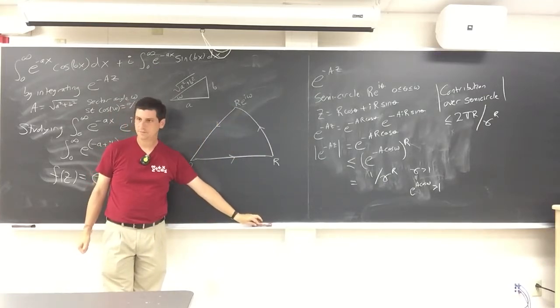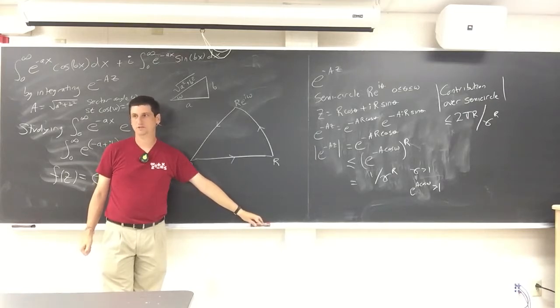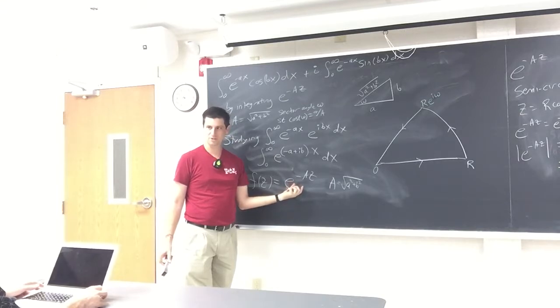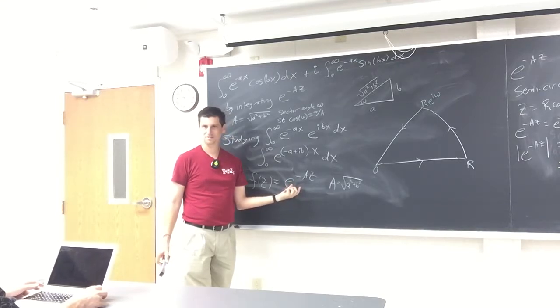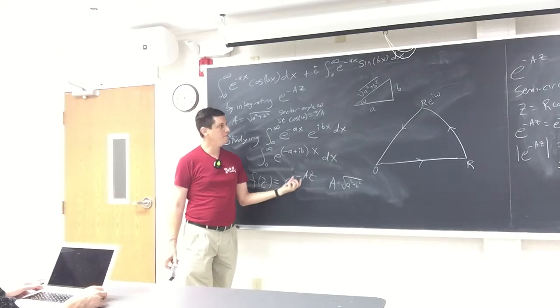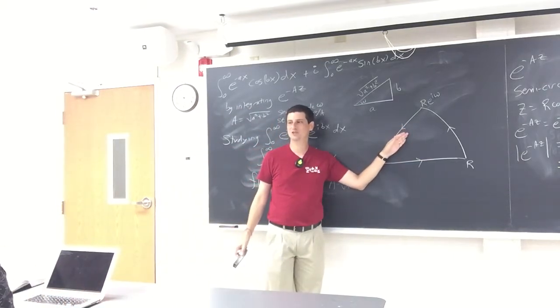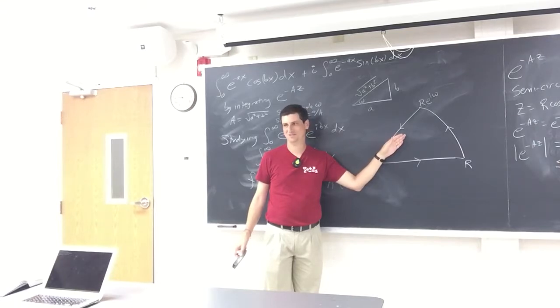Okay? Are you a little bit worried that we may not get the answer we want? Because when we integrate over the bottom, we're just going to get something that's completely real. But maybe when we combine these things, these two pieces will somehow combine in such a way to give us what we want.